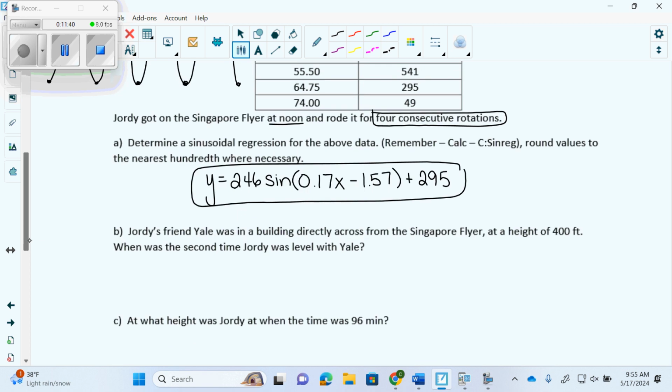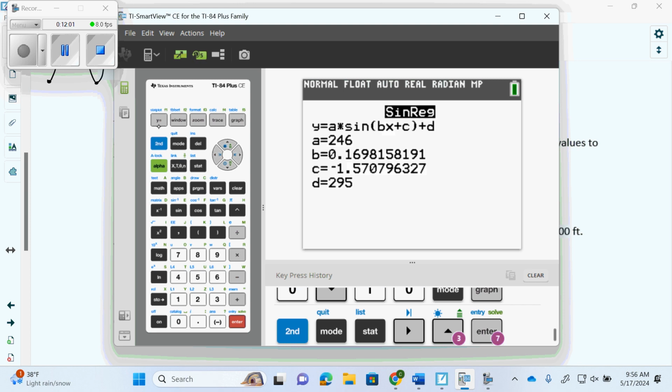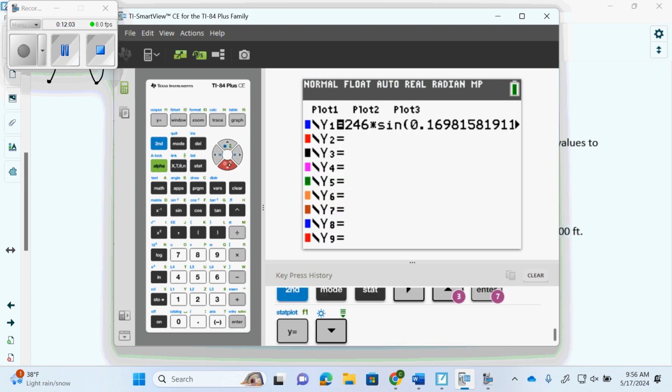Jordy's friend Yale was in a building directly across from the Singapore Flyer at a height of 400 feet. So y equals 400 feet. When was the second time Jordy was at that level? So where's the only place I can input y's? Into y equals, into y2, correct? So I'm going to go to my y2, and I'm going to put in 400.